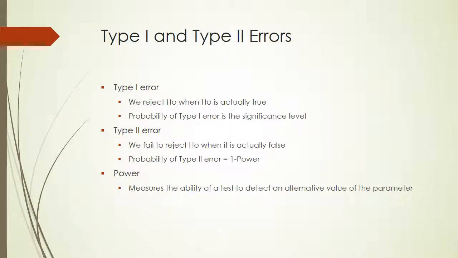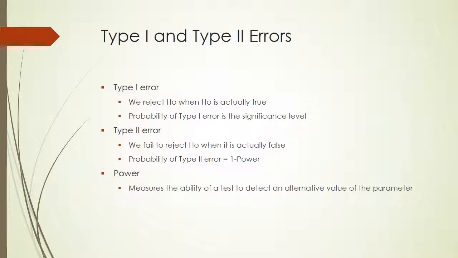There are two types of errors that can come from significance tests. One's a type 1, and that would be if we reject the null, but the null is actually true. And the chances of this happening are the significance level, which is alpha. And the type 2 error is when we fail to reject H naught when it's actually false.